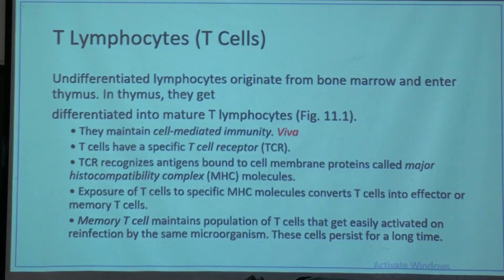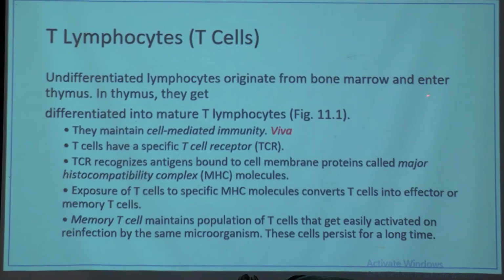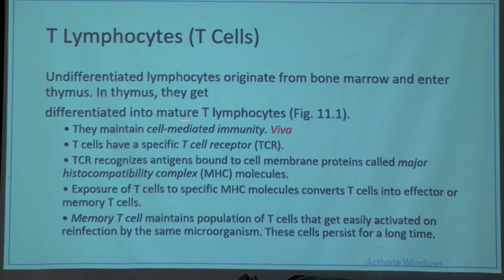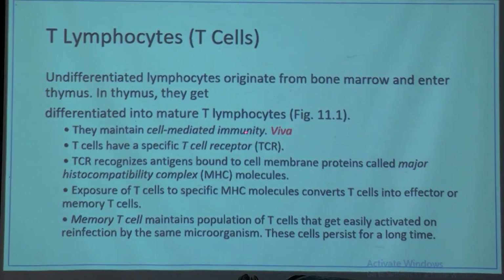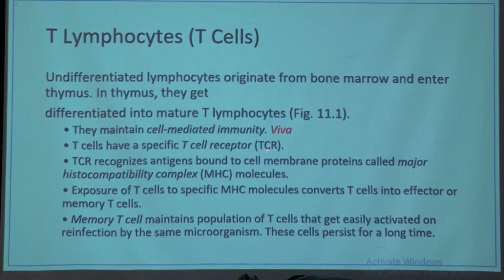Undifferentiated lymphocytes originate from bone marrow and enter the thymus. In the thymus, they get differentiated into mature T lymphocytes. They maintain cell-mediated immunity, VIVA. T cells have a specific T cell receptor, TCR.